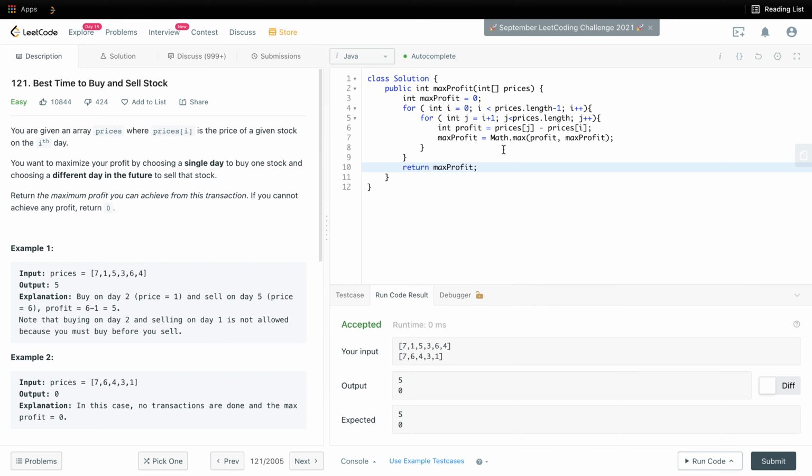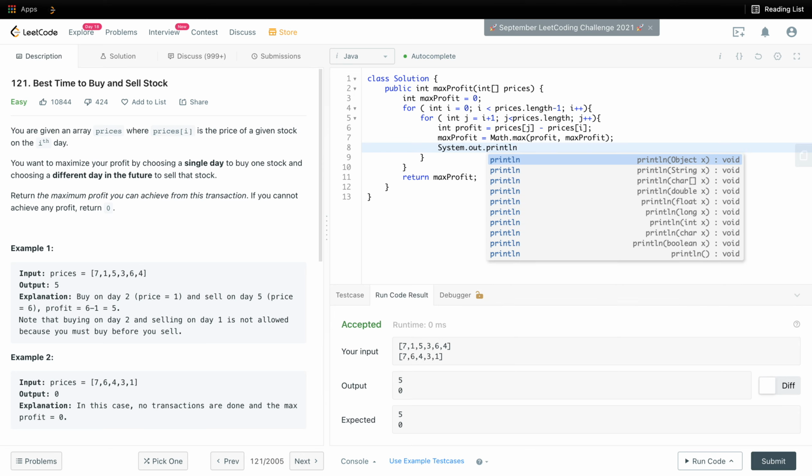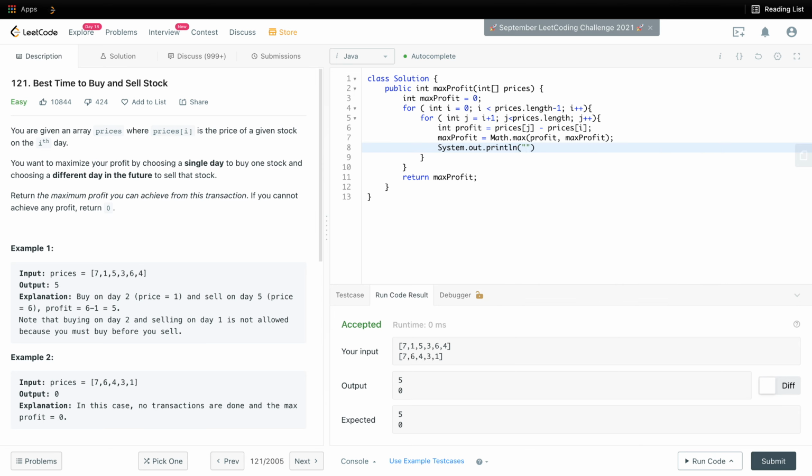Now to explain it a little bit more, what I can do is print with System.out.print the i value and j value, and last is profit.